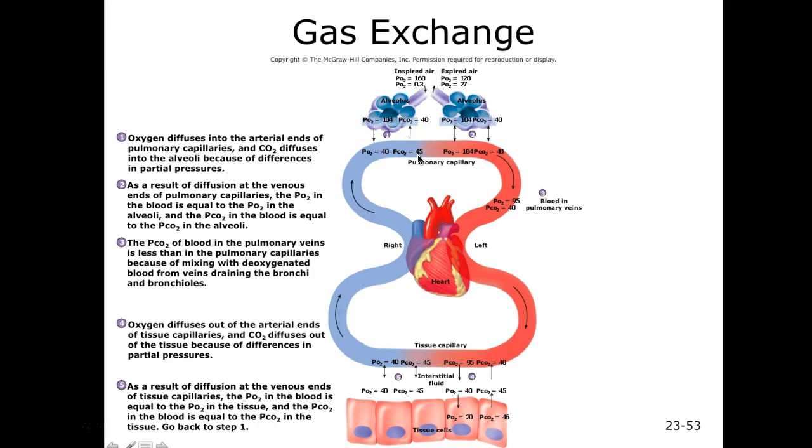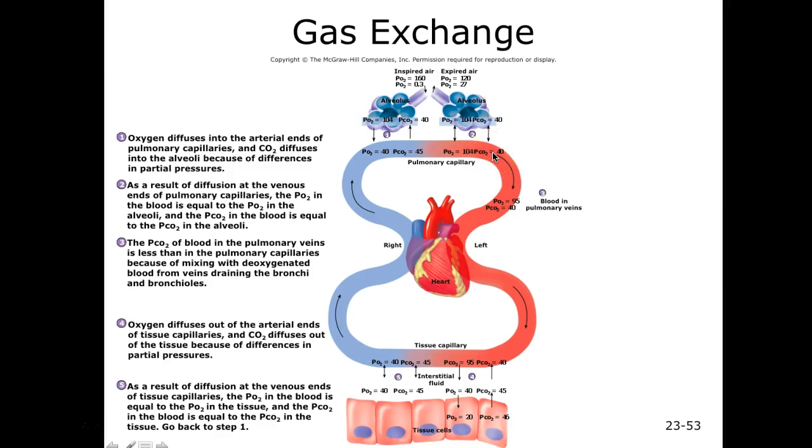So what our body is going to want to do is move to the area of low concentration. It moves across the concentration gradient. So we want to even this out. And so our oxygen will travel into the capillaries, and now in the capillaries the partial pressure of oxygen is 104, and our carbon dioxide partial pressure is 40.